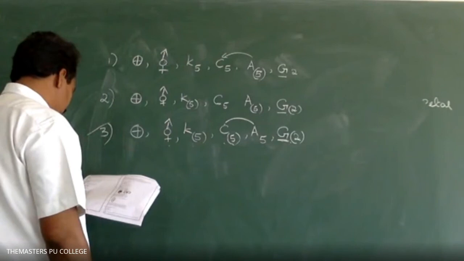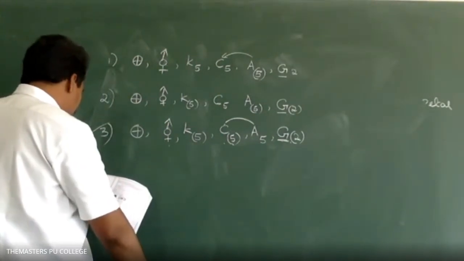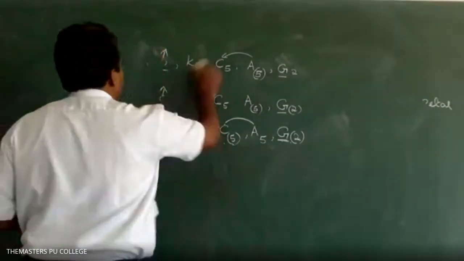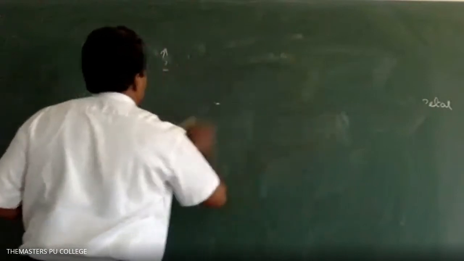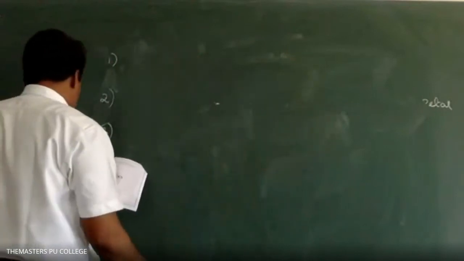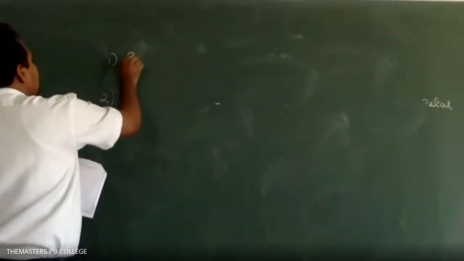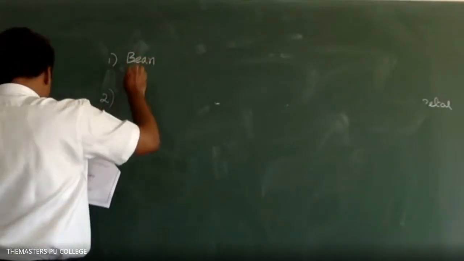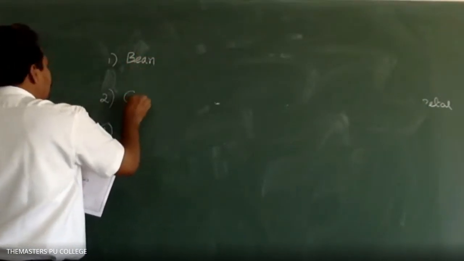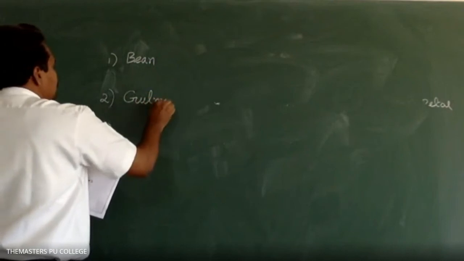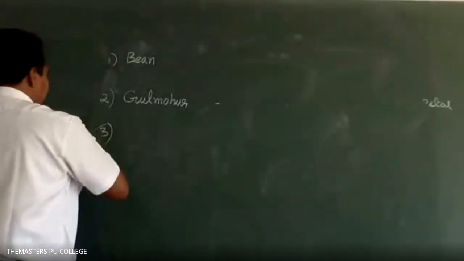Next. Here is a characteristic of the flowers of... what are the given options? Option 1 is pea. Option 2 is Bulbophyllum. Option 3 is Cassia.